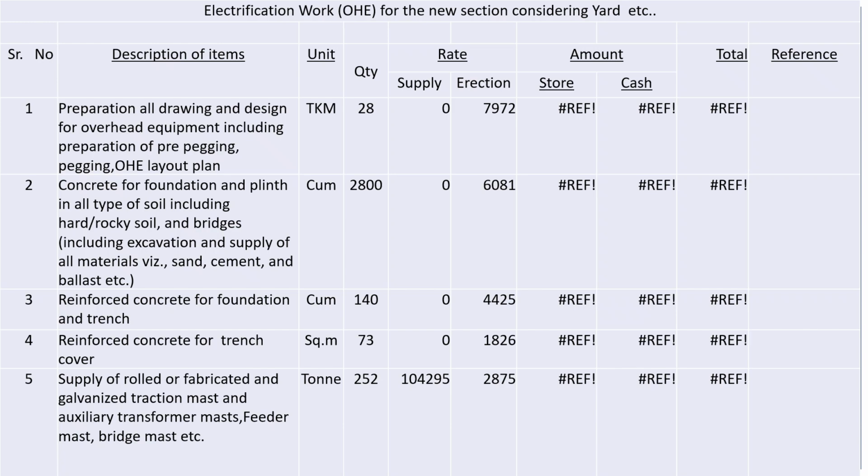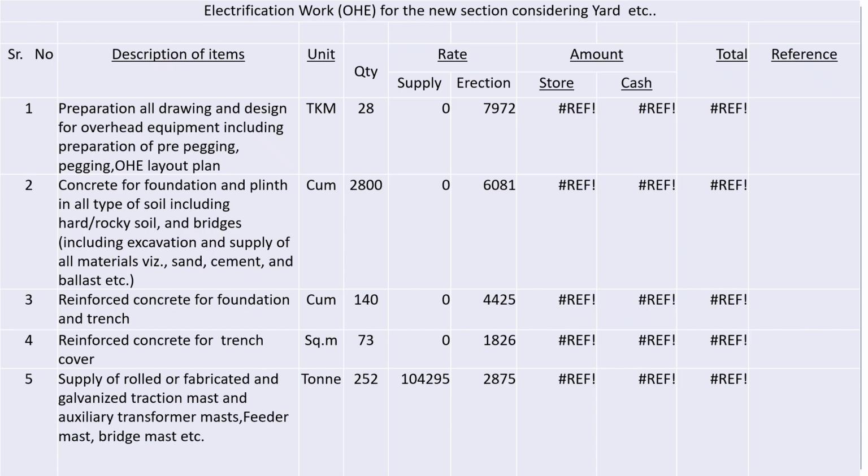Its normal contact height is 5.6 meter. Then the 2 into 25 kV, it is also 5.6 meter contact height, and above the contact and catenary there is a feeder wire. Then 2 into 25 kV high rise OHE, it is more than 7 meter, and another is 25 kV high rise OHE.